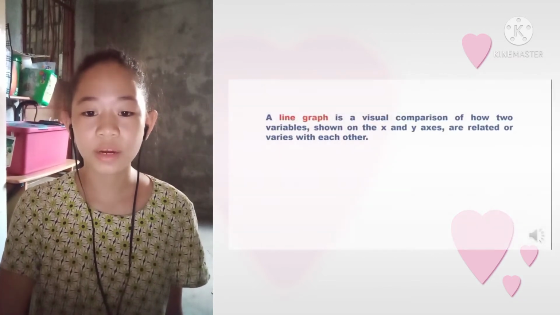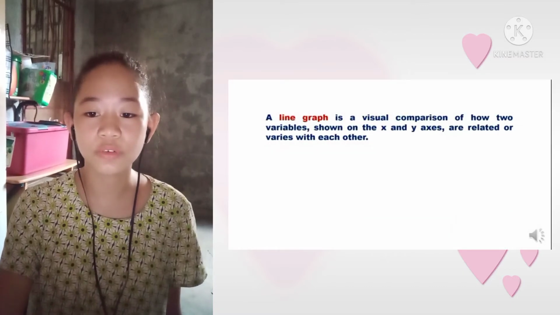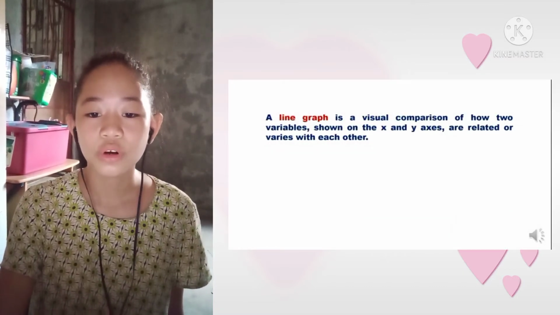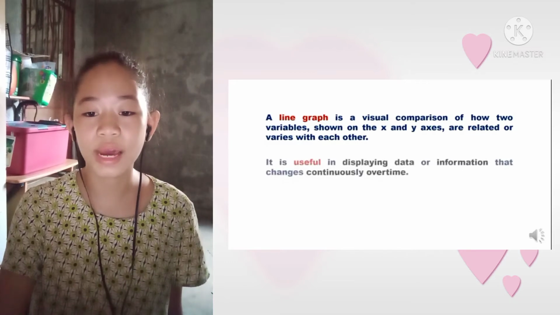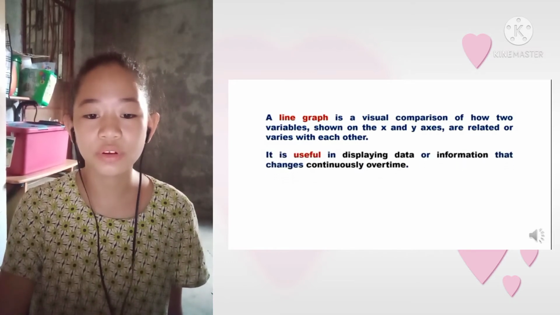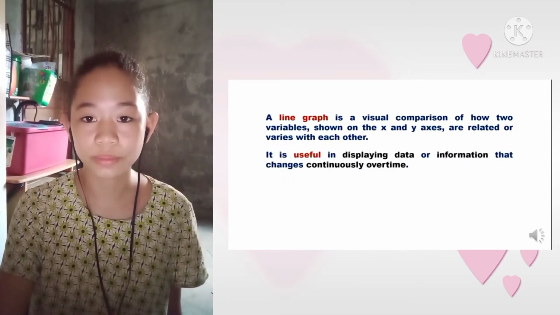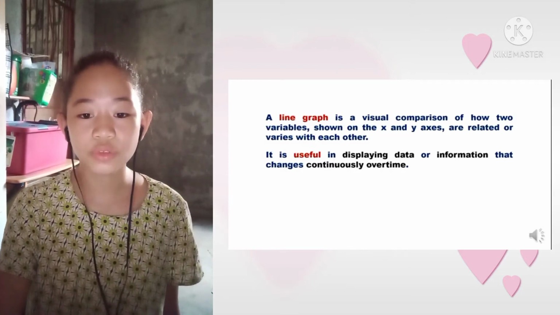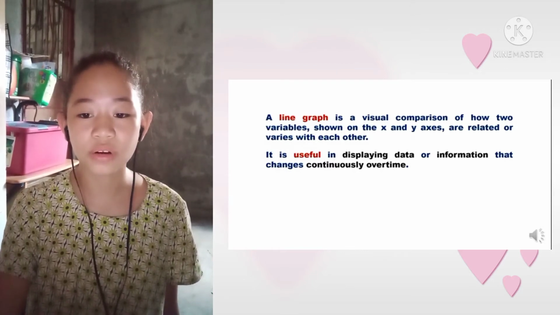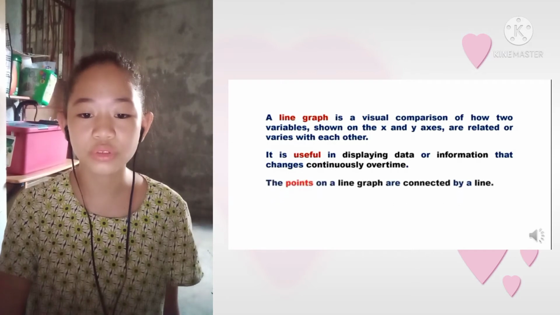A line graph is a visual comparison of how two variables shown on the x and y axis are related or vary with each other. It is useful in displaying data or information that change continuously over time.